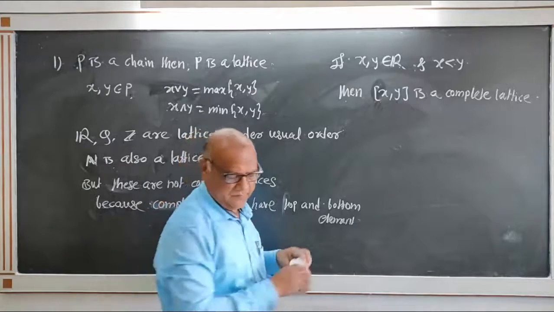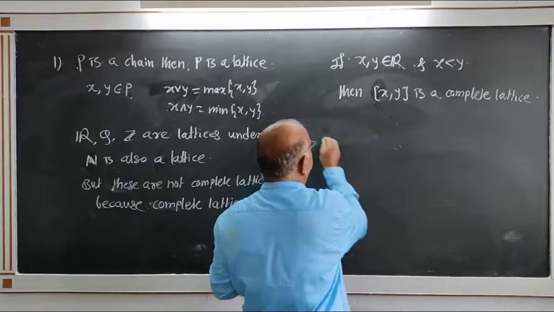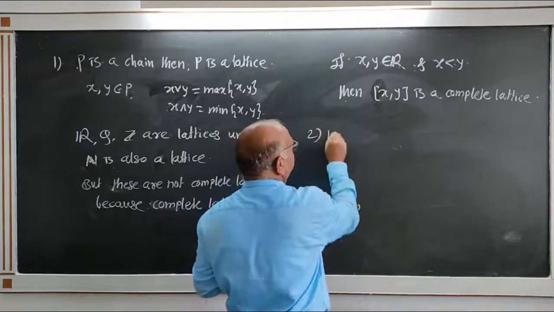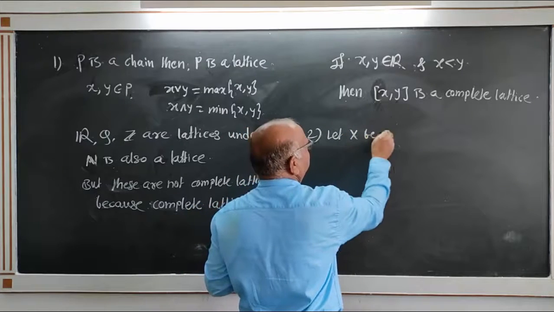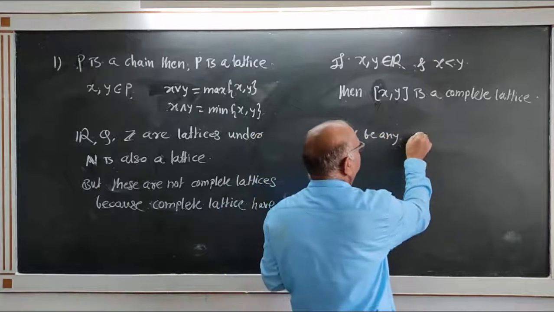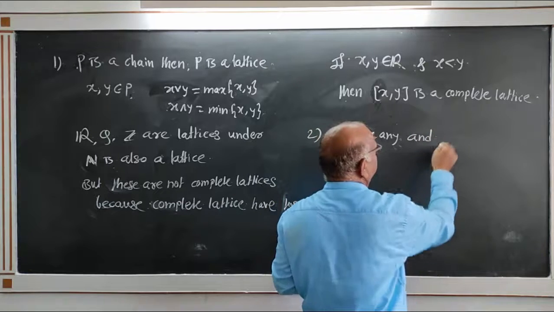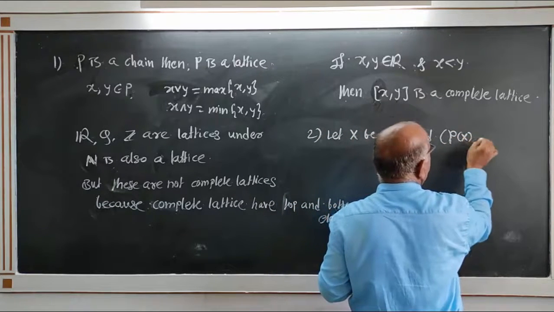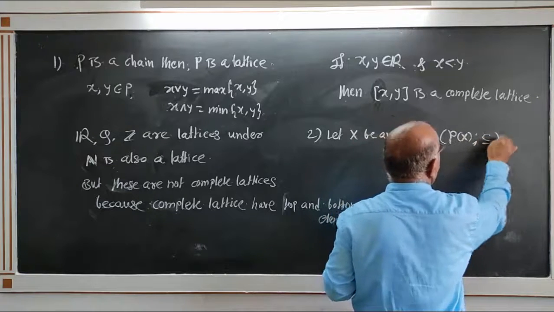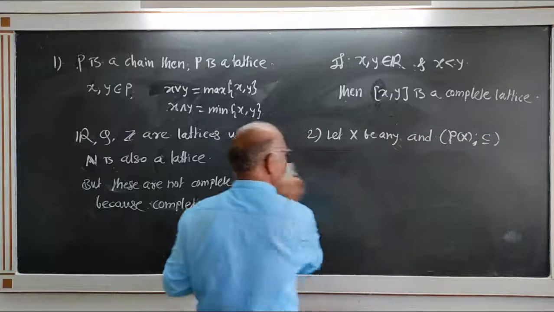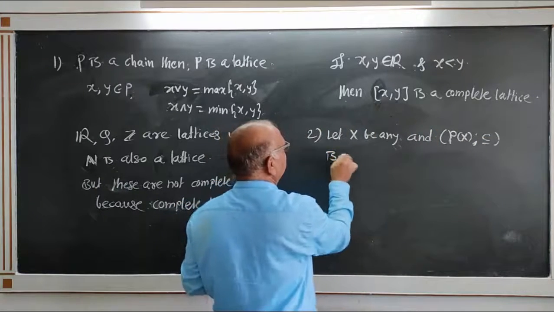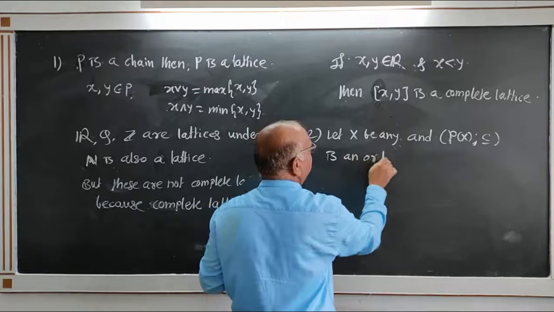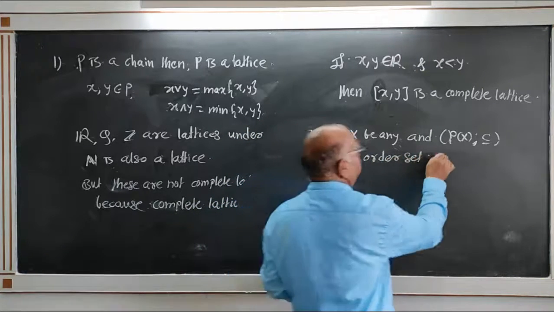Now the second example. Let X be any set, and P of X, the power set, is an ordered set and a complete lattice.